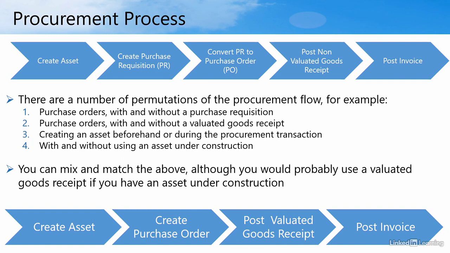If the requester is familiar with creating asset master records, he may create one from inside the purchase requisition or purchase order transaction. If not, he may need to ask the asset accounting department to create one before he raises the purchase order. Sometimes assets under construction already exist for this purpose, and the assets are only created at the end of the process.